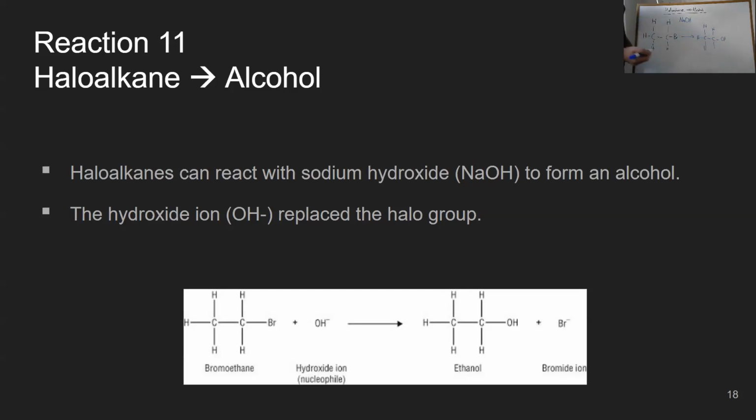We know it's an alcohol because it has that hydroxide group. So the hydroxide has substituted the halogen group. This happens at room temperature. Now some of these reactions coming up do not occur at room temperature.